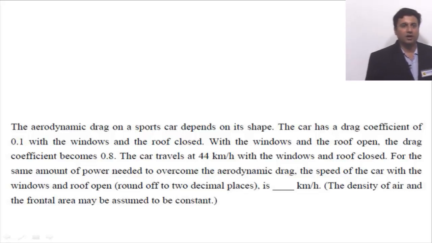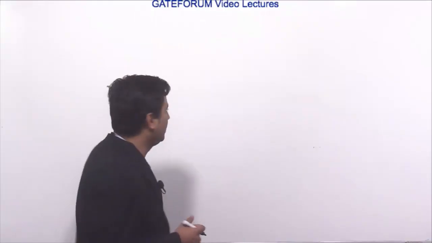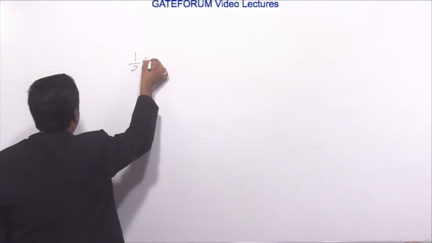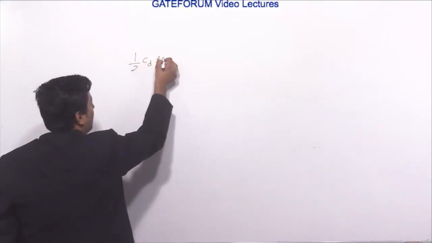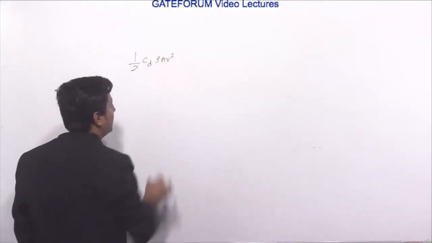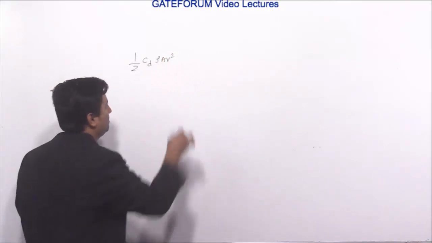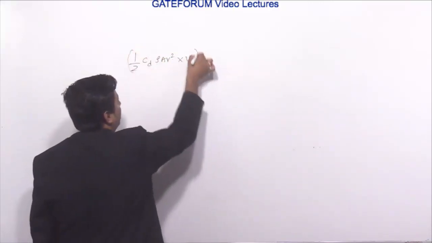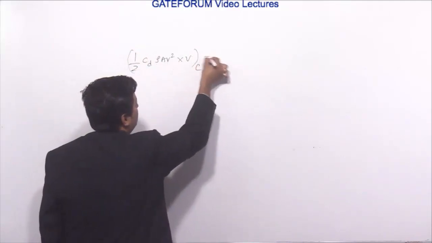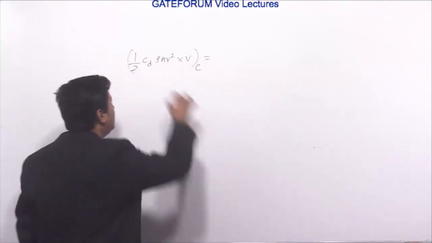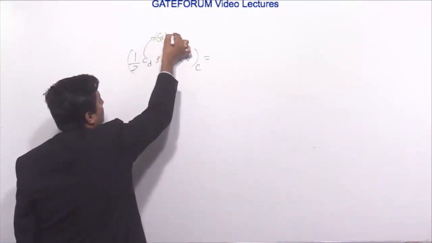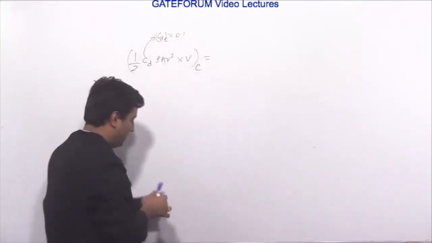So what is your aerodynamic drag force? It is nothing but half of CD rho A V square, and power is that force multiplied by velocity. Let me take the closed situation first, where CD is equal to 0.1.